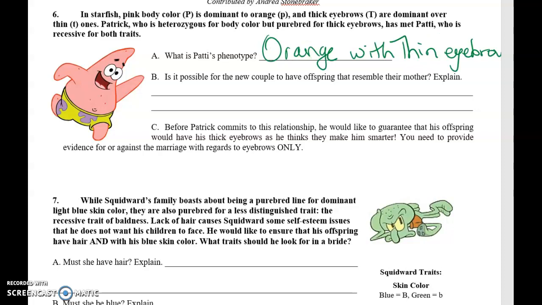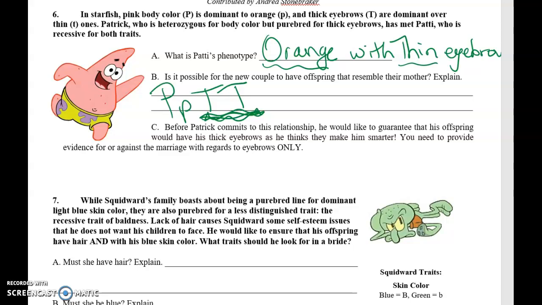What about Patrick Starfish? He is pink, but he's heterozygous. So he's big P, little p. And he is homozygous for his thick eyebrows. The question here asks you, would it be possible for their offspring, Patty and Patrick, if they started with an orange mama with thin eyebrows, if she gets together with Patrick, who is homozygous?